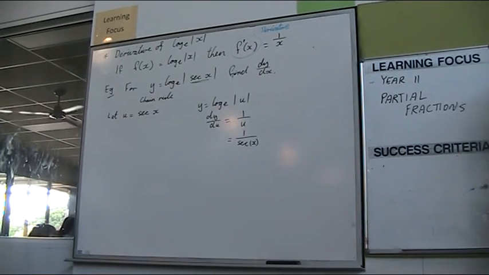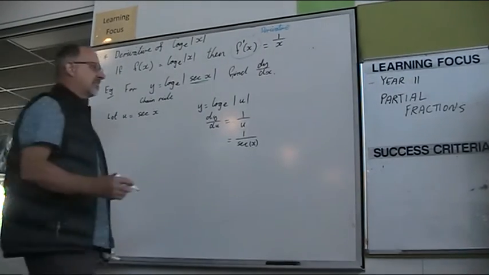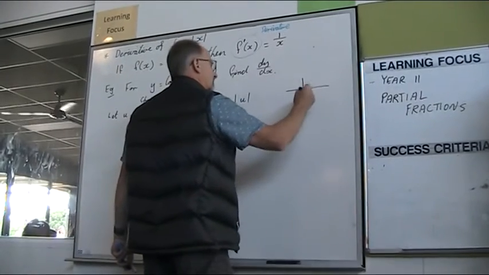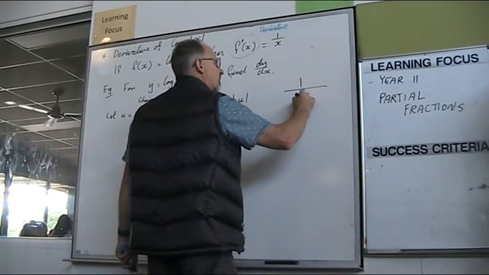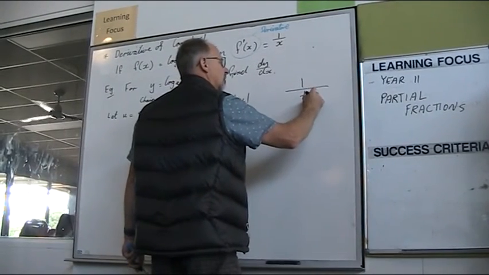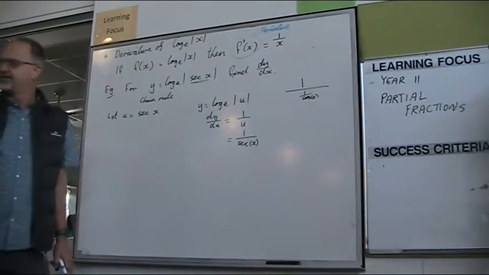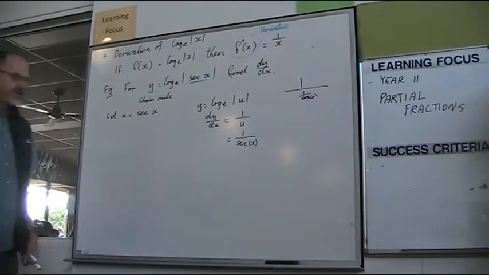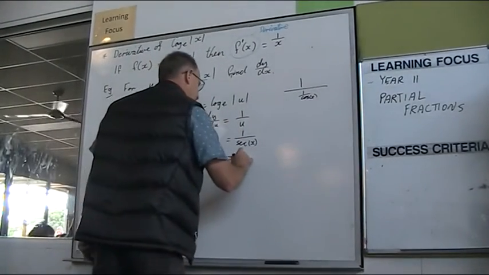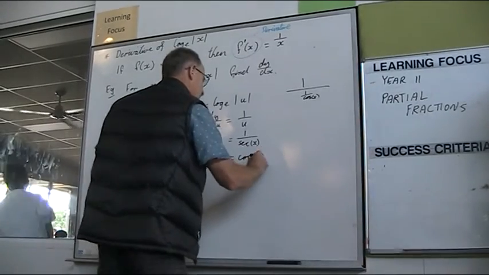And 1 on sec is going to become cos, because we've got 1 on sec, and sec, of course, is 1 on cos. And when we are dividing, we flip and multiply, so that one just simply becomes cos.